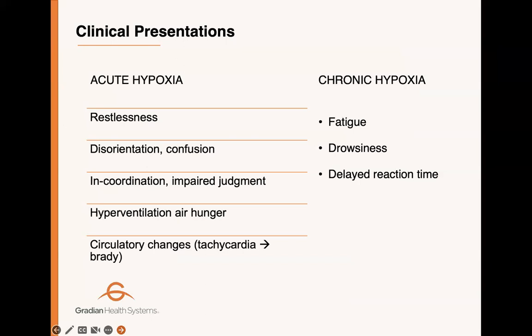The patient will present with tachycardia, which can go to bradycardia eventually. But patients with chronic hypoxia, who have had hypoxia for a long time, for instance patients with COPD, present with fatigue, drowsiness, and delayed reaction time. Next slide.